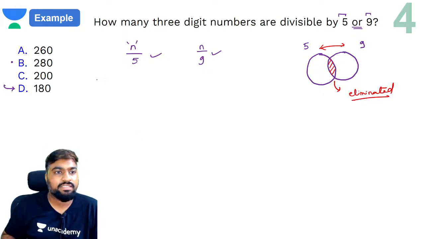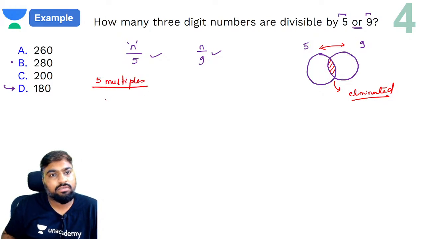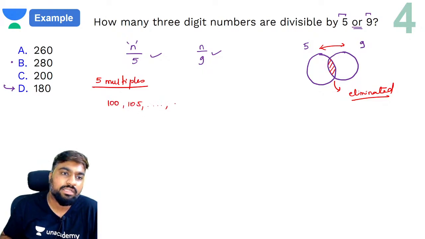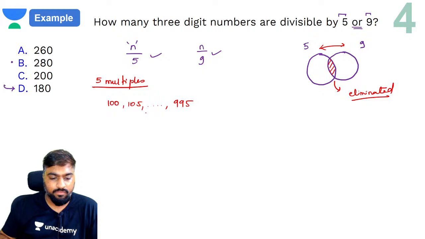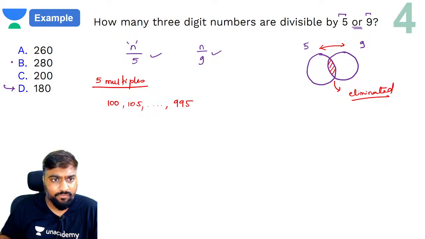So first let's find multiples of 5. Starting with what? What is the smallest 3-digit number? 100. 100, 105 and so on. Greatest will be how much? Greatest is 1000 but it becomes 4 digit, so the smaller one is 995. How do you calculate how many numbers there are? Take the last number, first number, subtract, divide by 5 and add 1 to it.